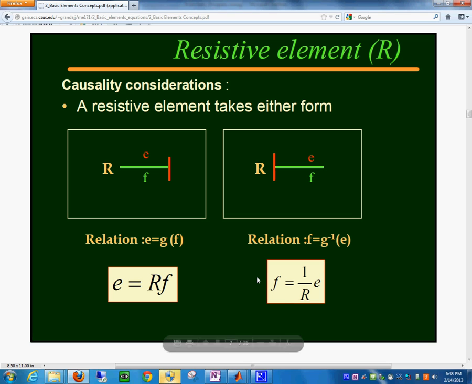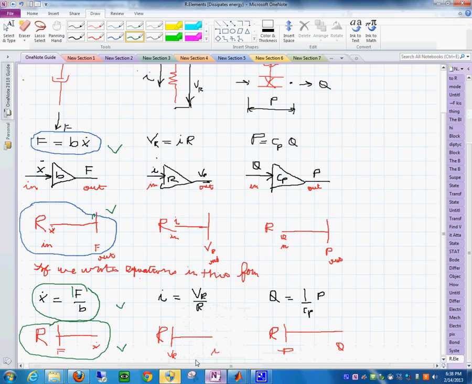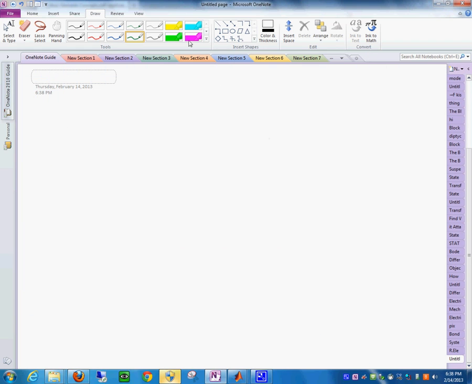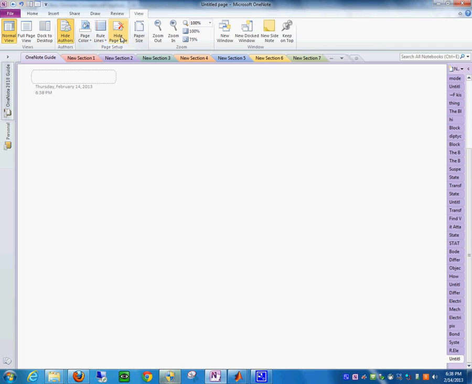Okay? Now, what I would like is to turn your attention to the C element. Let's talk about the C element, and in order to do that, we'll do a new page over here.